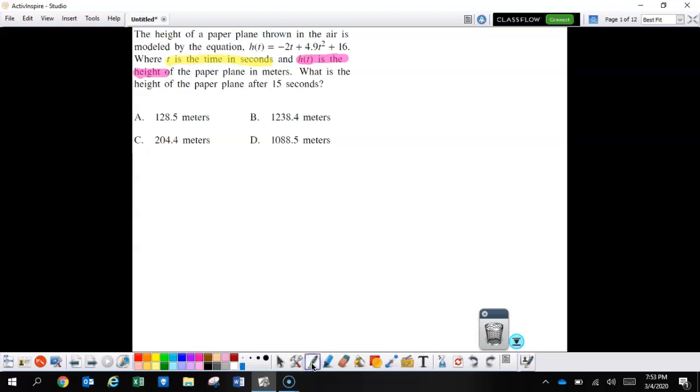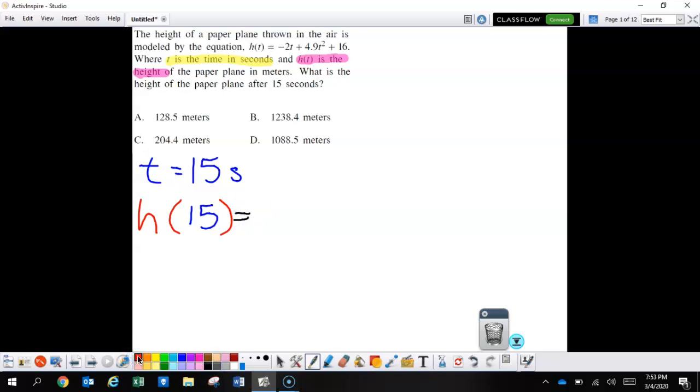So they give me the time, right? They tell me t is equal to 15 seconds, and I want to know what the height is. So I'm solving for h of 15. So we're plugging in 15 basically wherever t is.